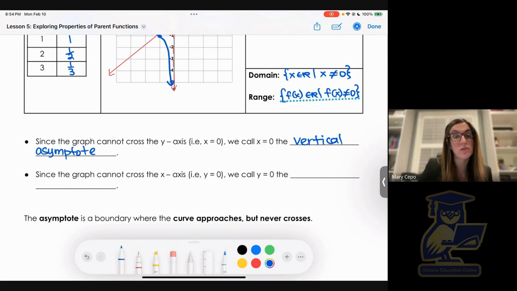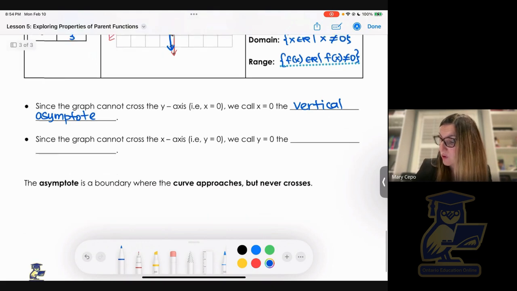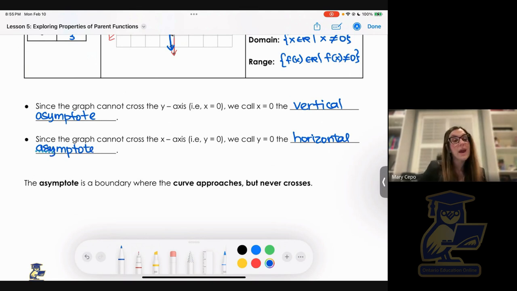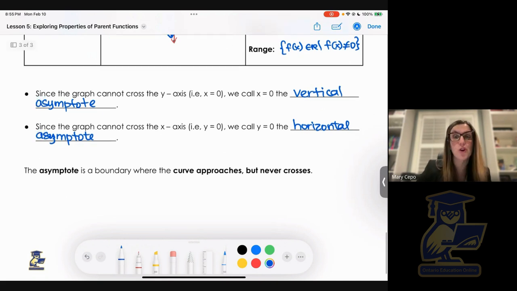Since the graph cannot cross the x-axis, that is y equals 0, we call y equals 0 the horizontal asymptote. The asymptote is a boundary where the curve approaches but never crosses.